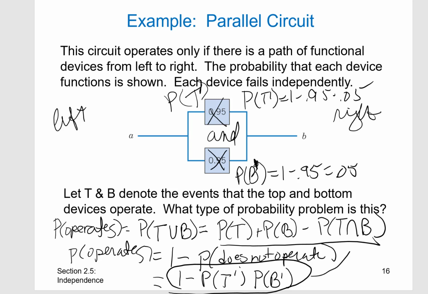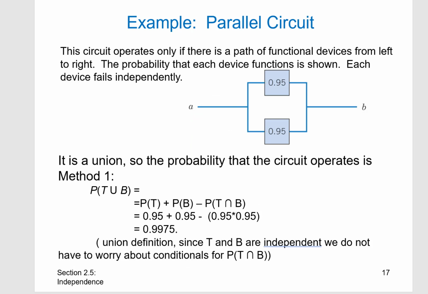So two ways to get to the same answer. One might be easier or faster than the other. So in looking at that, if we went the straightforward way, we'd say 0.95 plus 0.95 minus multiplying those probabilities together, and we'd get 0.9975.